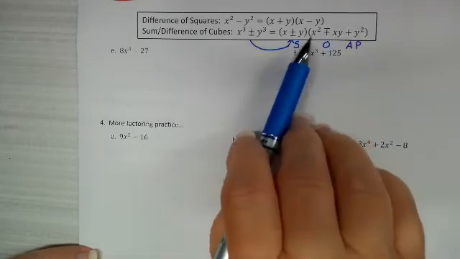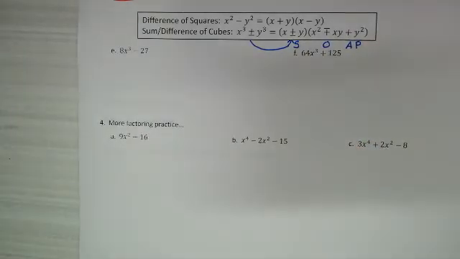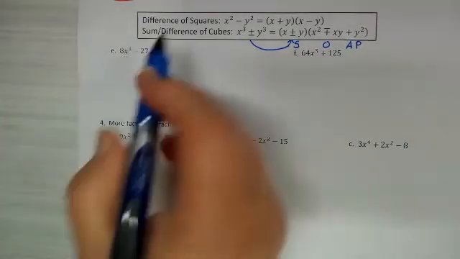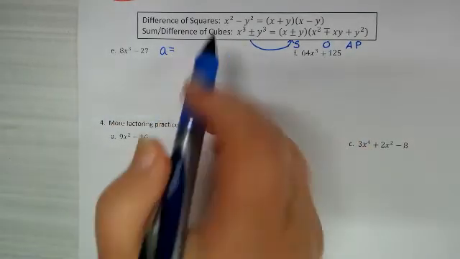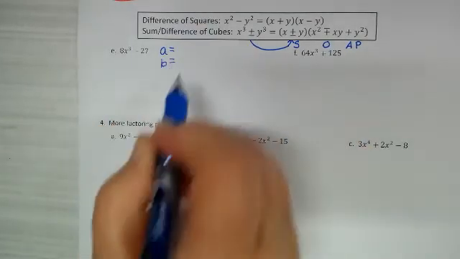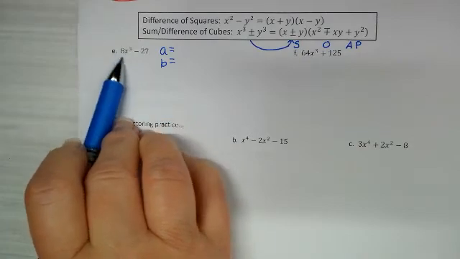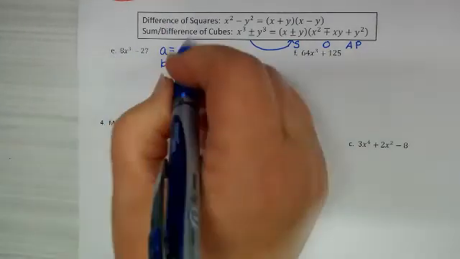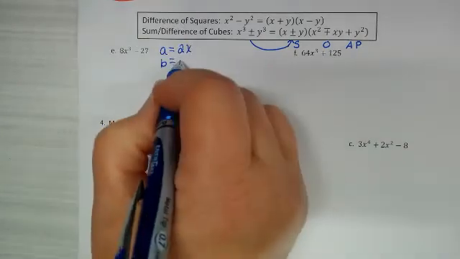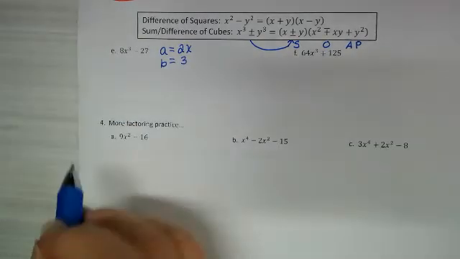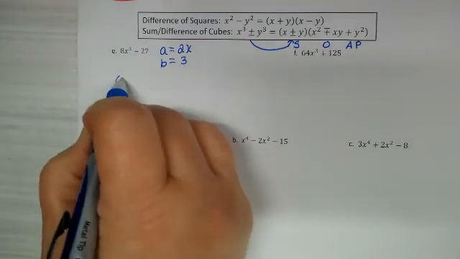So we're just going to apply the sum or difference of cubes to these first two. So let's do letter E. Remember, we had to identify, what am I putting in for A? Well, in this case, it's an X and a Y, but in our notes, we did A and B. So 8x to the third, A should be 2x. 27, B should be 3. And then we plug them in.